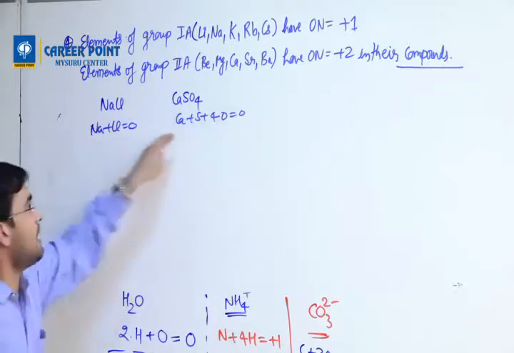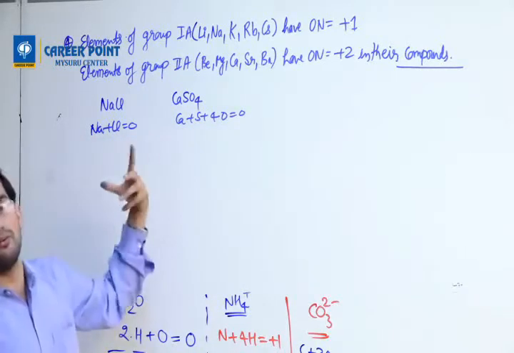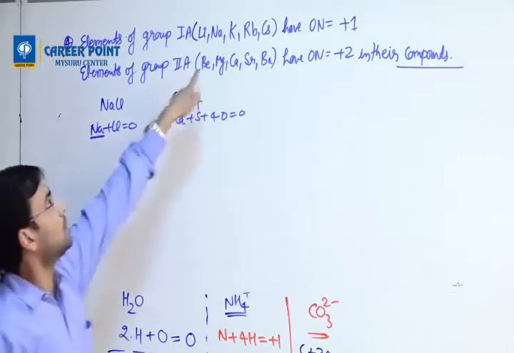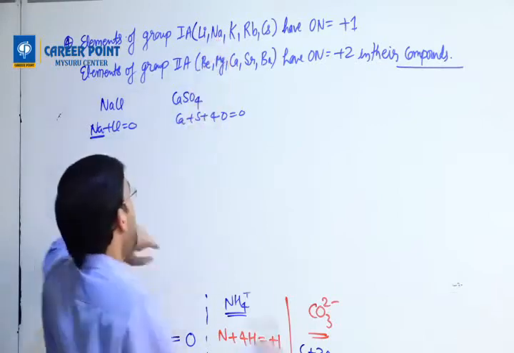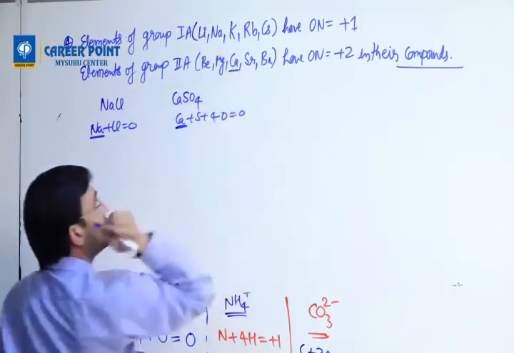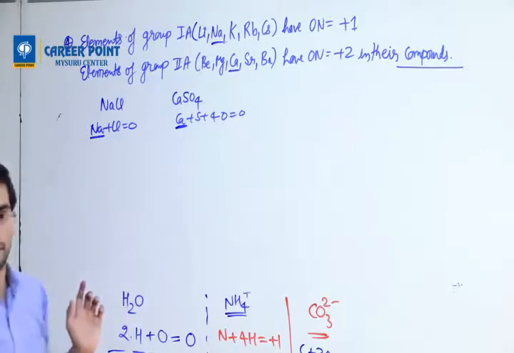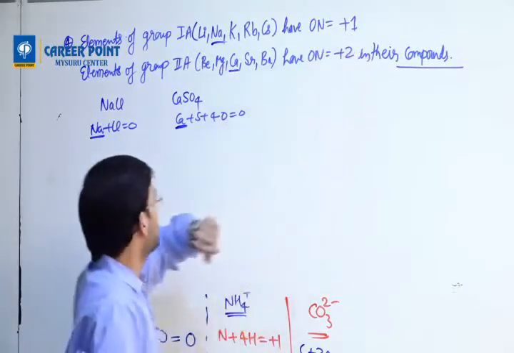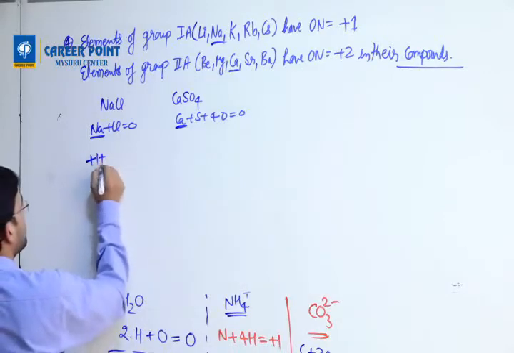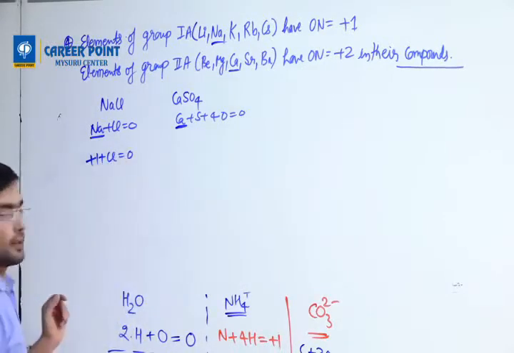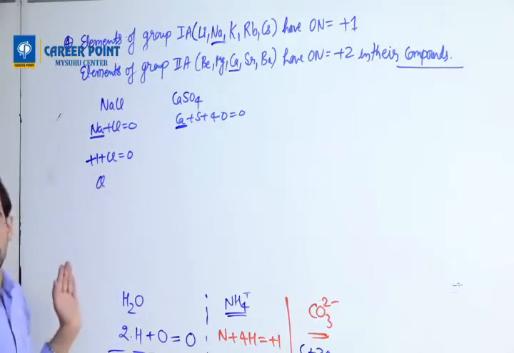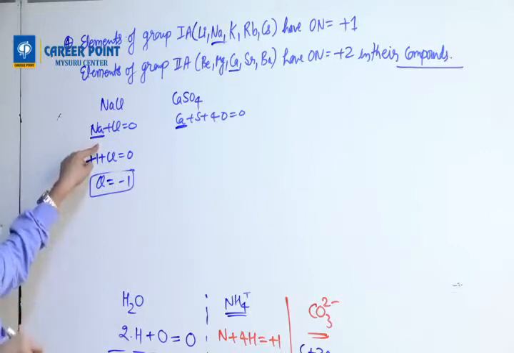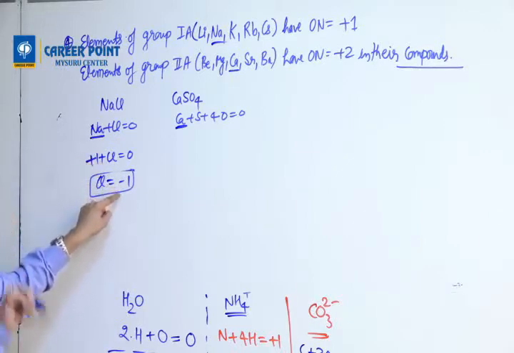Now in this line, I know some values. I know this value because it is here, and in this line I know this value because it is here. Clear? What else do I know here? Na I know: +1. So +1 plus Cl equals to 0. So Cl equals to -1, right? So one I know, another I can find out.